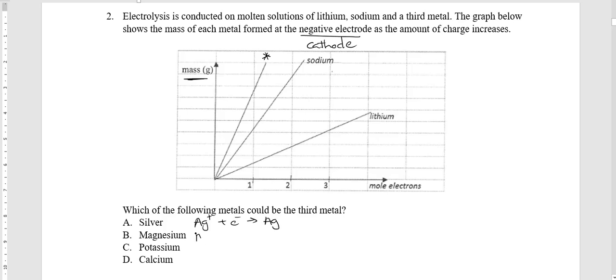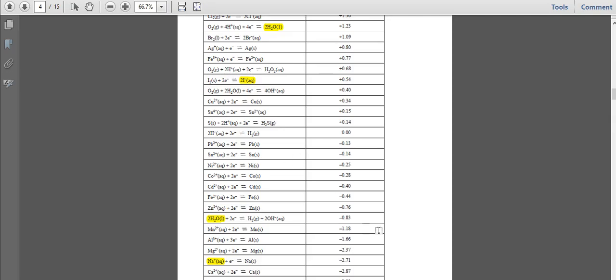And then for magnesium, plus 2 electrons going to magnesium. Potassium is also a one-to-one relationship between the number of mole of electron and the metal. And for calcium is 2 plus 2 electrons going to Ca.